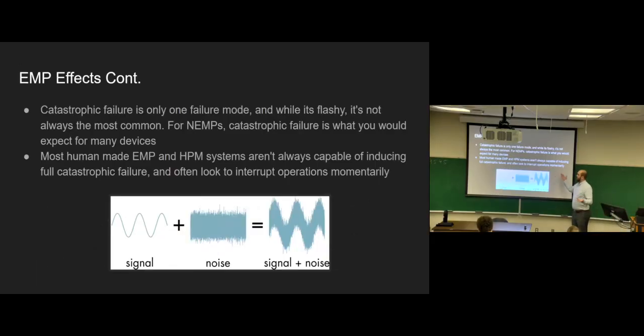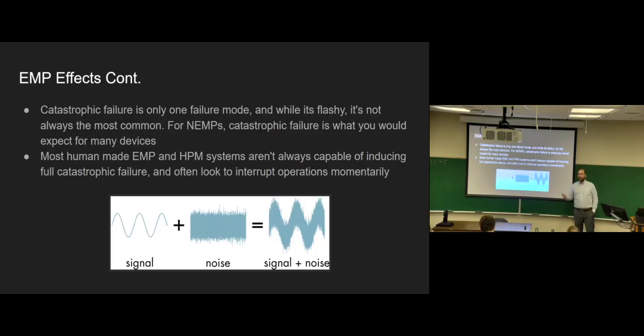Catastrophic is one of the modes we discussed. And for nuclear EMPs, it's the dominant mode that kind of just destroys everything. But unless you're carrying a nuke around, you probably have to make better decisions. So, from a human-made EMP and HPM standpoint, these things aren't always capable of inducing catastrophic failure modes.